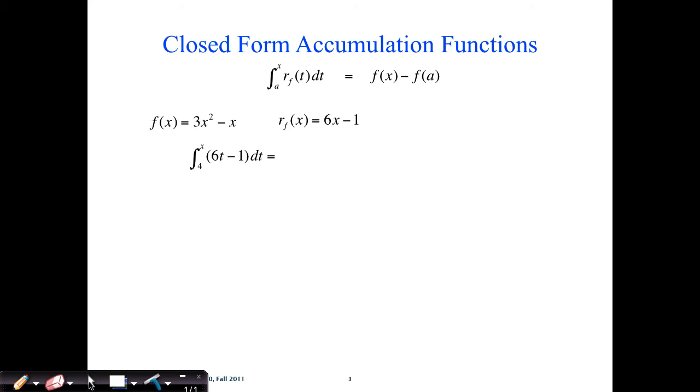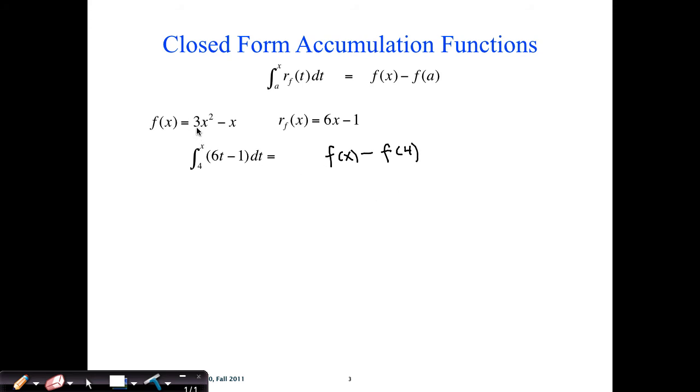So that's actually handy because I know that I can express this a different way using this mechanism, changing it from an integral of accumulation to subtracting two values of the associated accumulation function. So I can say, oh, well, this should be the same as f of x minus f of 4 then.